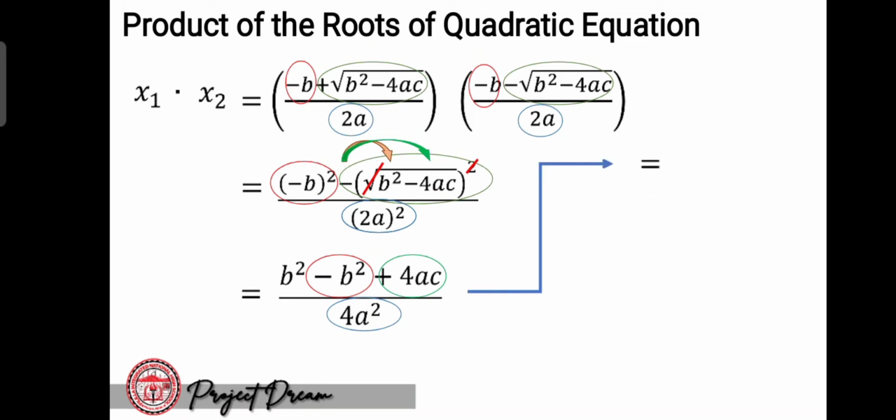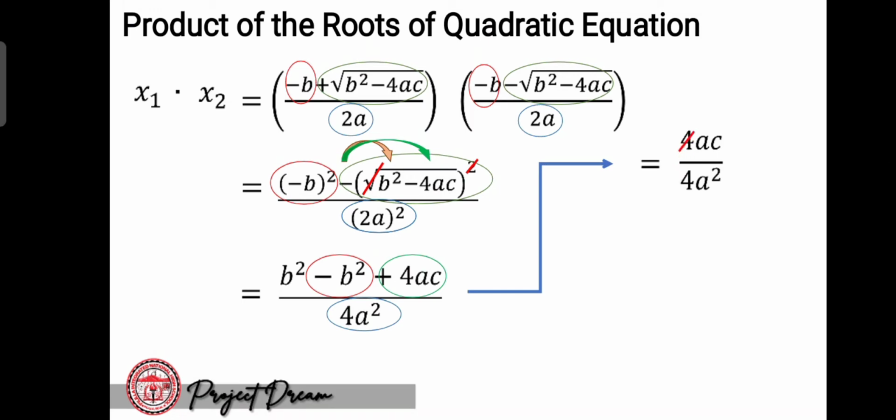Next, b squared minus b squared is equal to 0. Therefore, we will write 4ac over 4a squared because we just copy the denominator.